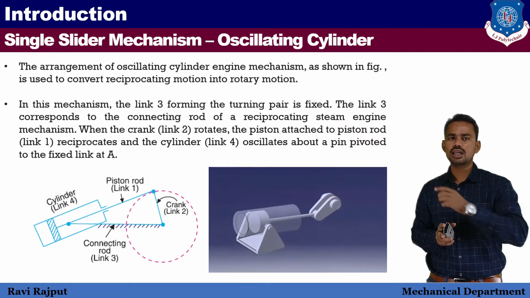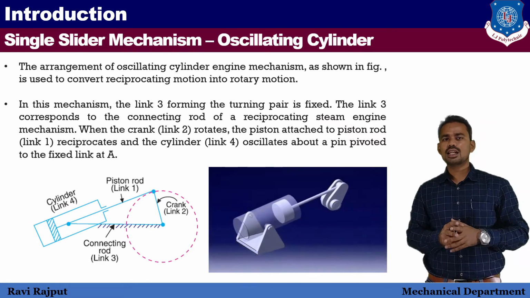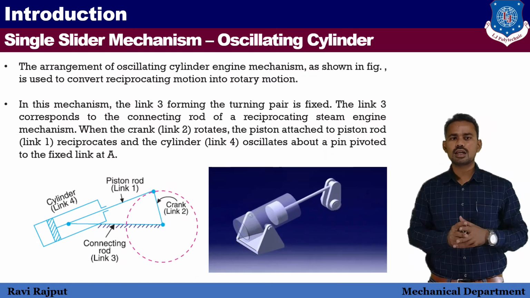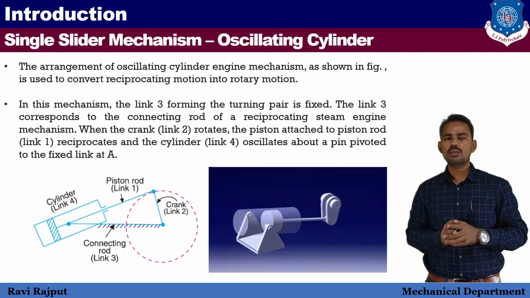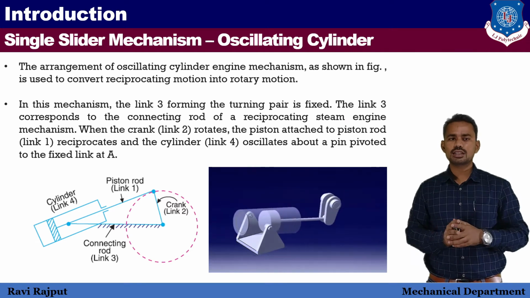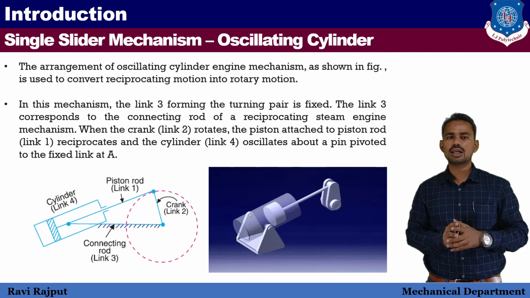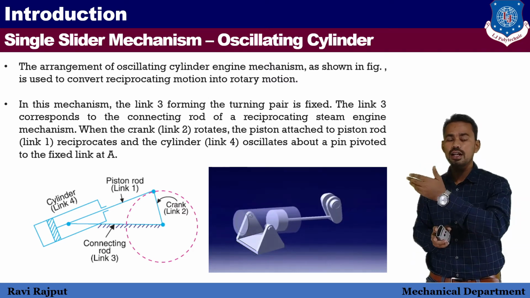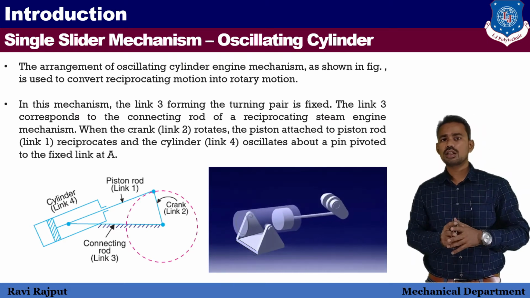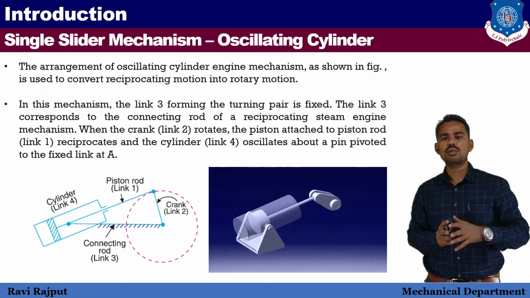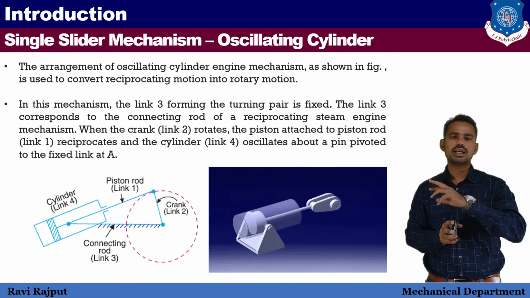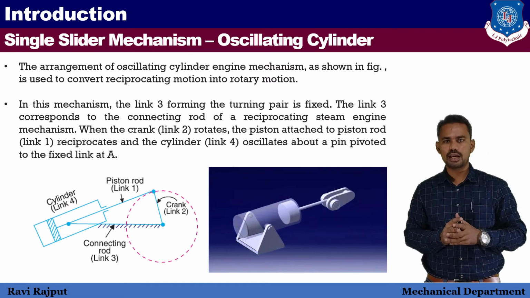The piston rod is basically link 1, which is shown here, and the cylinder oscillates about the pin pivoted to the fixed link A. Here also we will have one sliding pair, and the remaining 3 pairs, that is the connections between the piston rod and the crank, the crank and the connecting rod, and the connecting rod and the cylinder, where the cylinder is oscillating as you can see in the video, will be turning pairs. The remaining 1 pair, between the cylinder and the piston rod, will be the sliding pair.